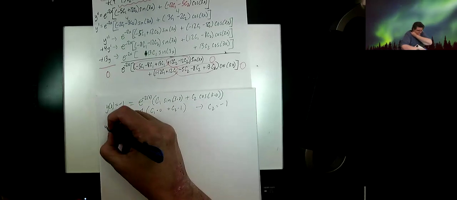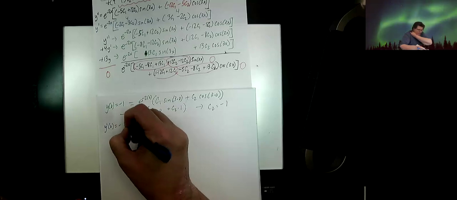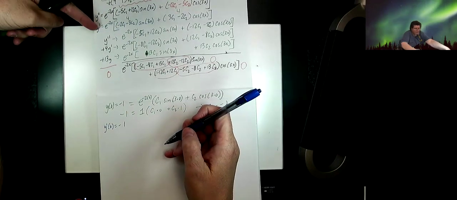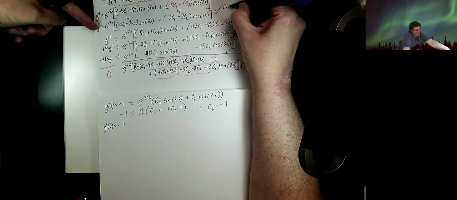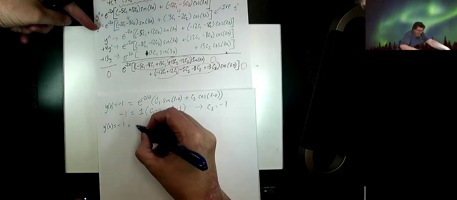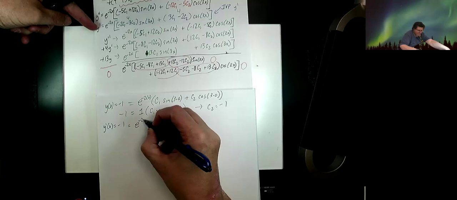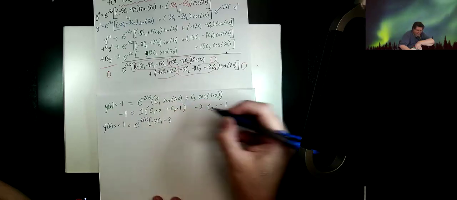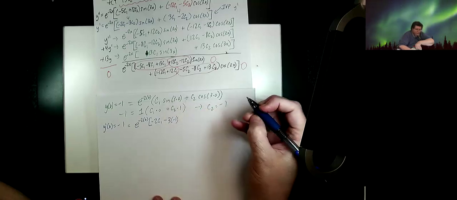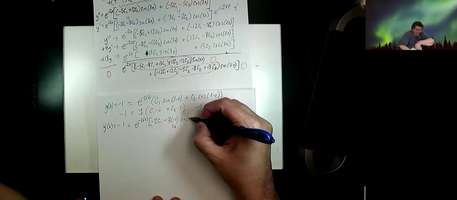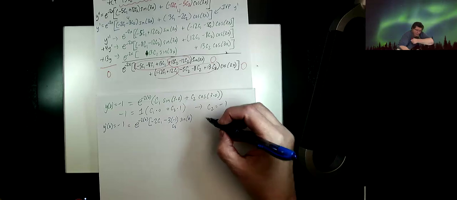Now y prime at 0 also equals -1. I'm gonna plug it into this one right here. Let's do IVP on this one because that's the cleanest form we had for y prime. I've got e to the -2 times 0, -2C1 minus 3C2, but C2 is -1. And then I've got sine of 0, that all goes away.